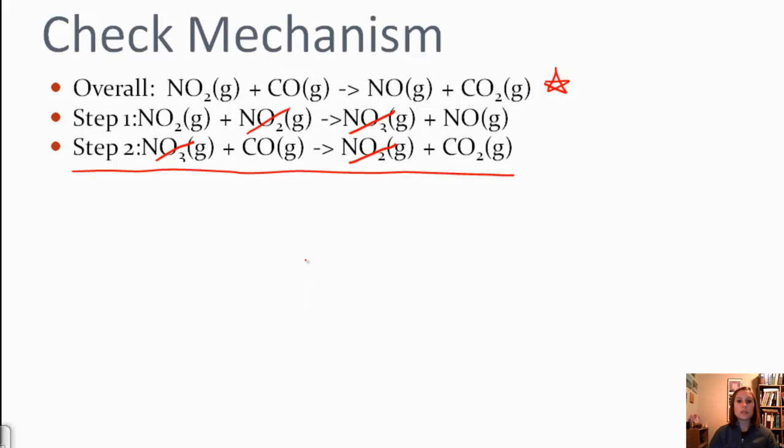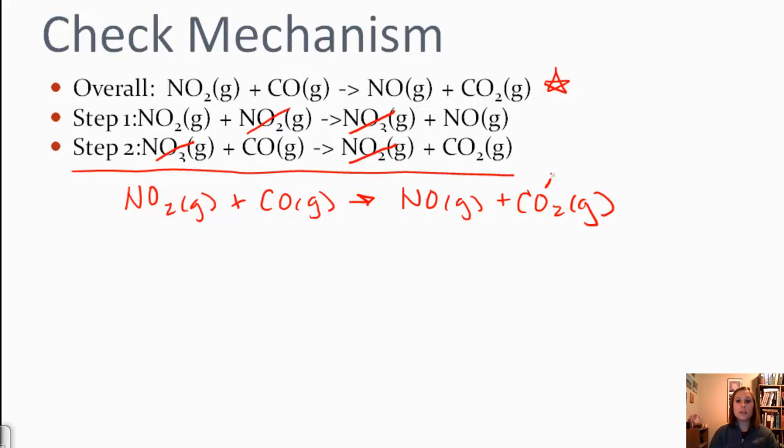Here's one of our NO2s as a product. If we write everything else down that's left, we have NO2 plus carbon monoxide producing nitrogen monoxide and carbon dioxide gas. And if we compare this with our overall, they are the same. Okay, and that's what we want.